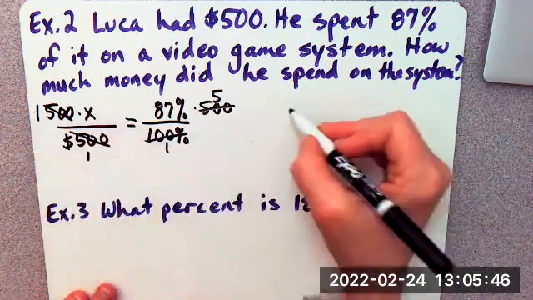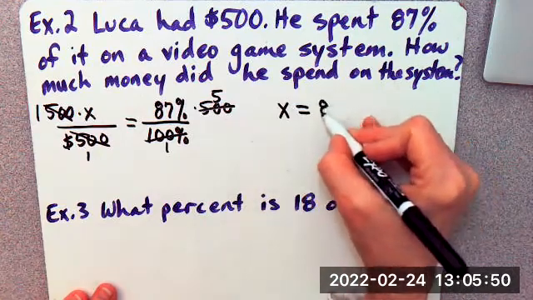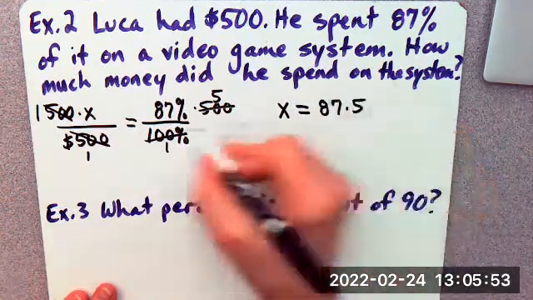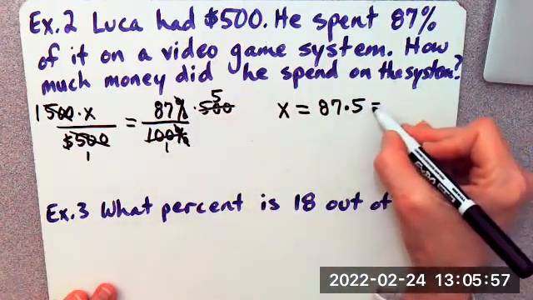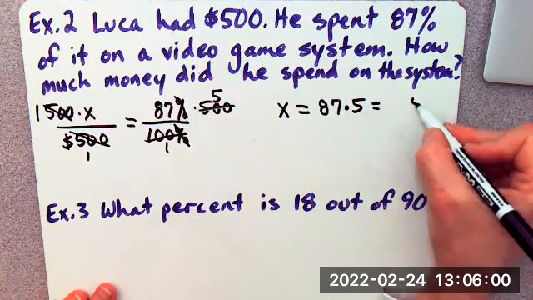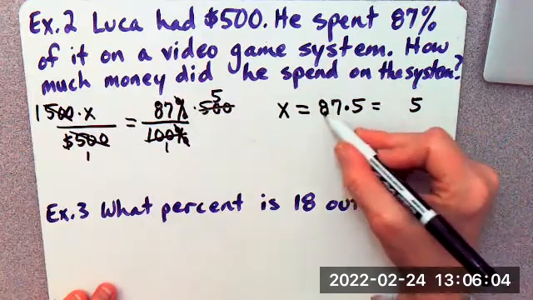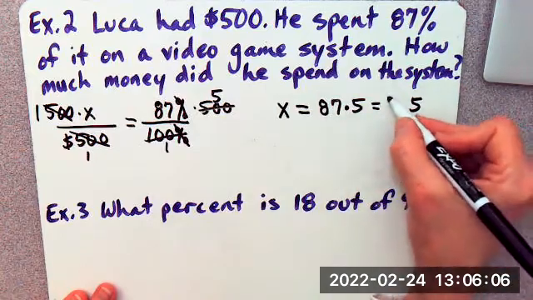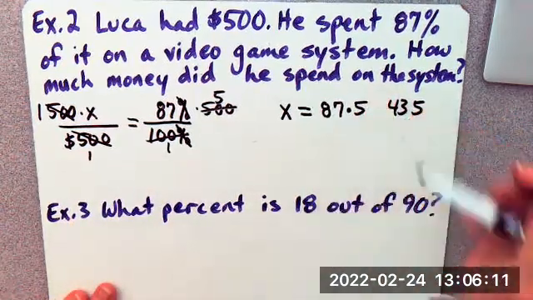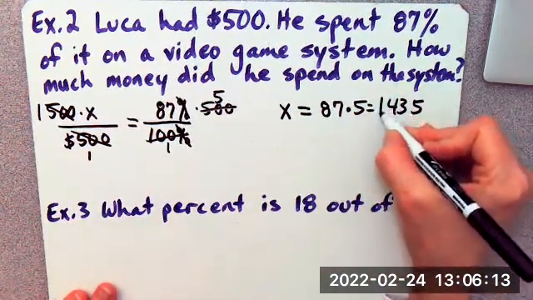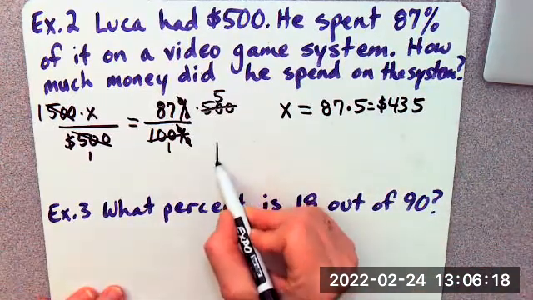So 1x, which is just written x, equals 87 times 5 because the percentage is canceled. So 87 times 5. So 5 times 7 is 35, and then carry a 3. And then 5 times 8 is 40, plus 3 is 43. And we are talking about dollars. So he spent $435.